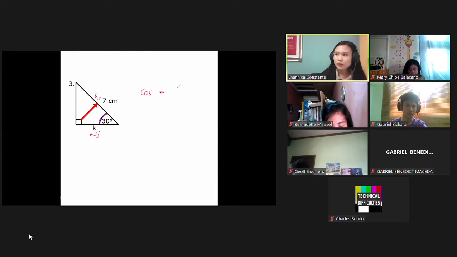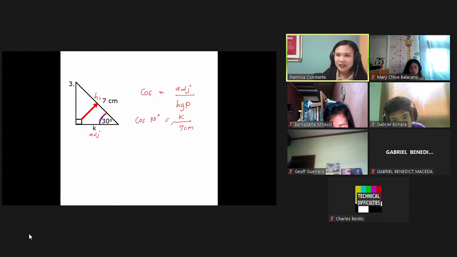Cosine is equal to adjacent over hypotenuse. So cosine of 30 degrees equals the adjacent, which is K, divided by the hypotenuse, which is 7 centimeter.